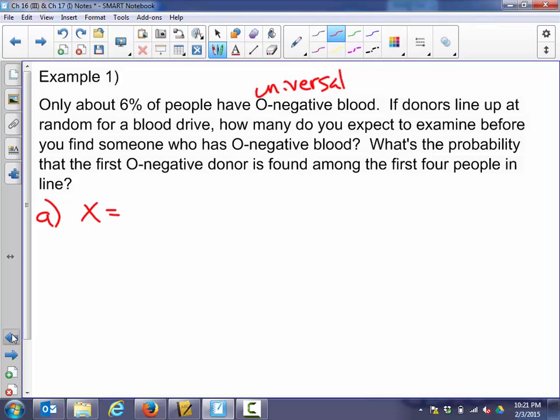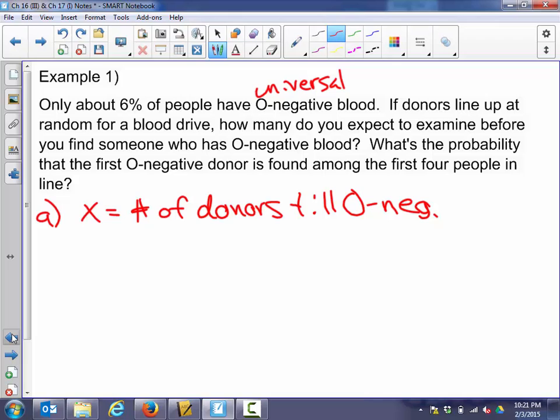Well, we'll stop there and answer our first question. If X is equal to the number of donors till O negative, we know that we can use a geometric model here because you have Bernoulli trials. You've got 2 outcomes. Either someone has O negative blood or they don't. Secondly, these are independent events.